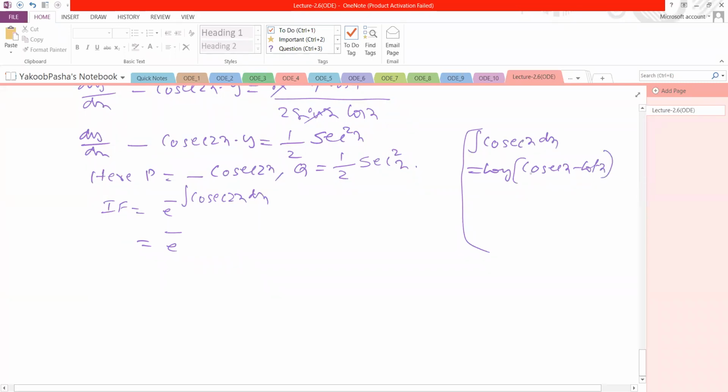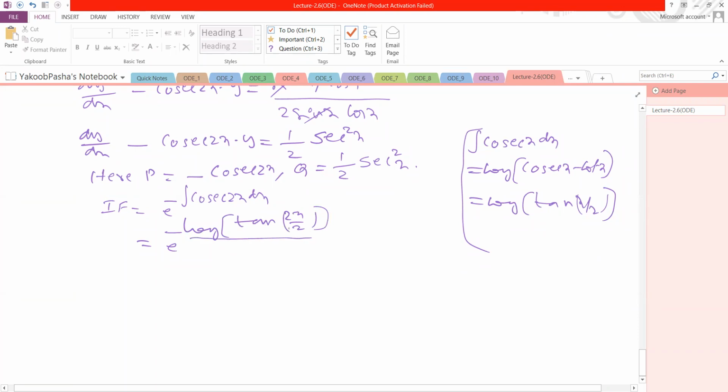If we simplify this, cosec x minus cot x will give tan x by 2. This is a formula. We can use that formula here. Here log tan x means here 2x by 2, log tan 2x by 2.